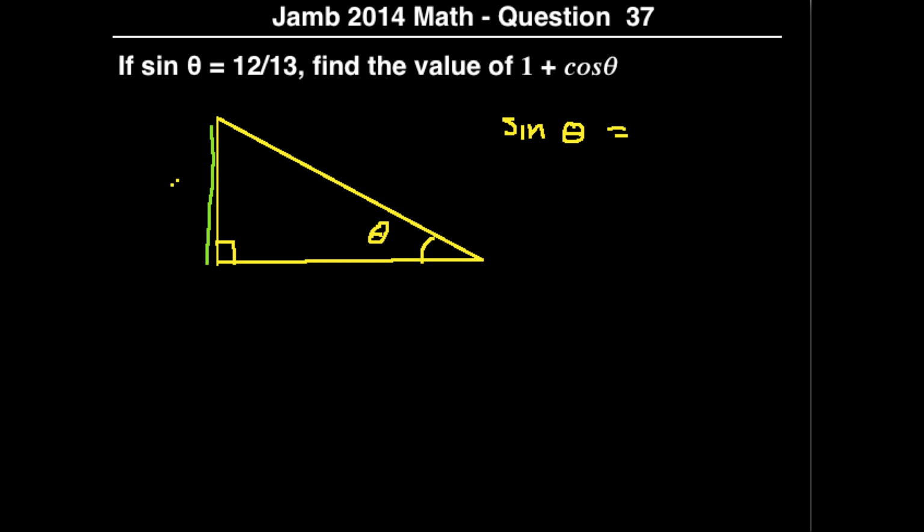And the hypotenuse is the side that is opposite from the right angle. So based on that information, we're basically being told that the hypotenuse is 13 and this side opposite from theta is 12.